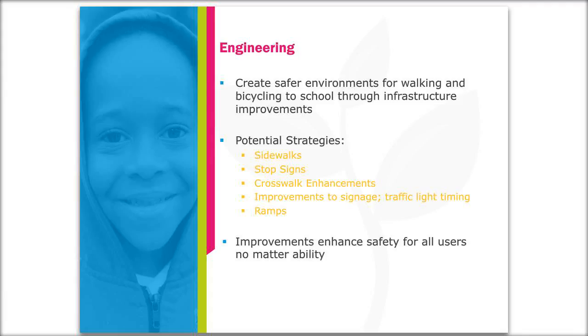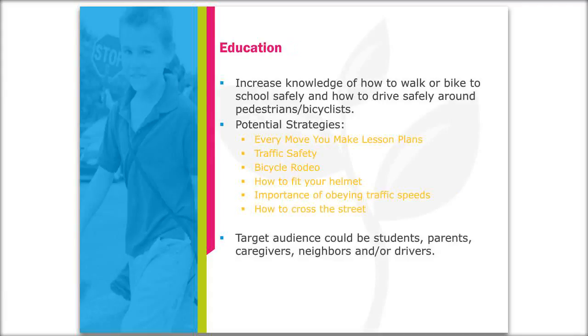Improvements to signage, traffic lighting, and timing, as well as ramps, speed bumps, things of that nature. As we know, these types of improvements enhance safety for all users no matter their ability. So this is, as we said before, people on heels or wheels, which includes people in wheelchairs as well. We want to make sure everybody's included.